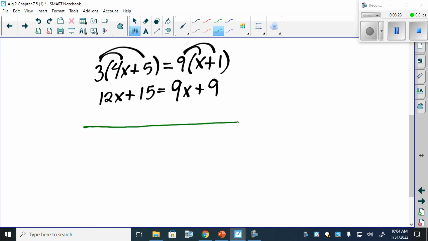Now, we don't have any like terms on either side, so we can get x by itself first. So what would we need to do? Subtract 9x from both sides. 12x minus 9x would give us 3x, plus 15 is equal to 9.